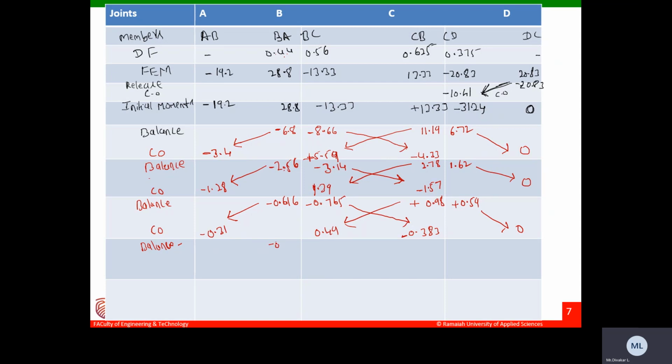It will be minus 0.23, and this will be minus 0.27, and this will be plus 0.24, and this will be plus 0.144. Now I need to do the carryover. Sorry, not change the sign, that's only doing the balance.